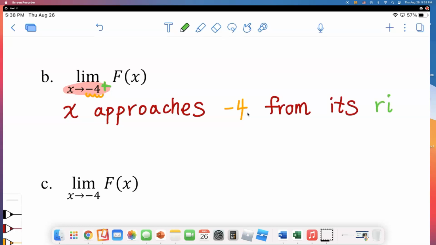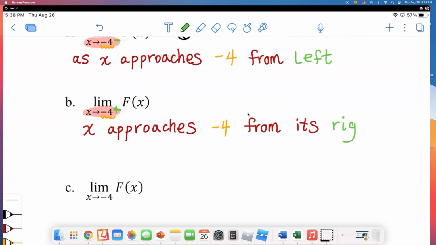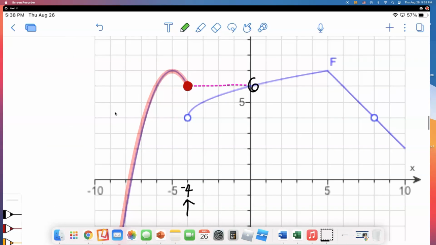Right. Oh, I have to zoom out a little bit. Because of that plus sign, this time it's telling us to start somewhere on the right of -4 and go to -4. So let's try that. -4 is right there. So I have to start somewhere on the right. This is to the right. I'm going to go to -4.